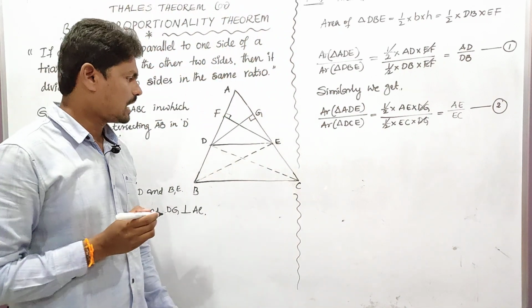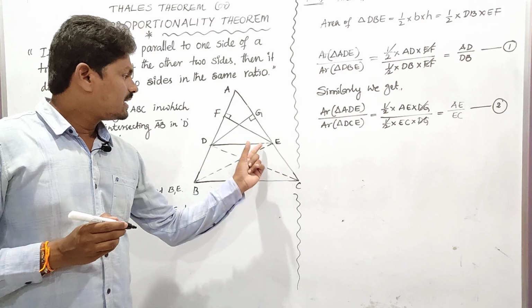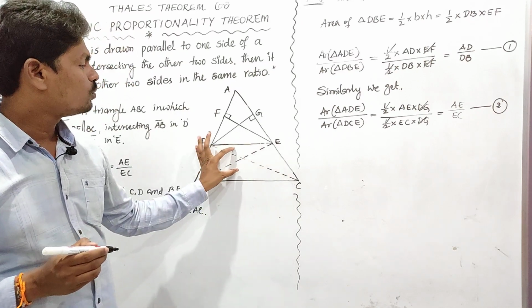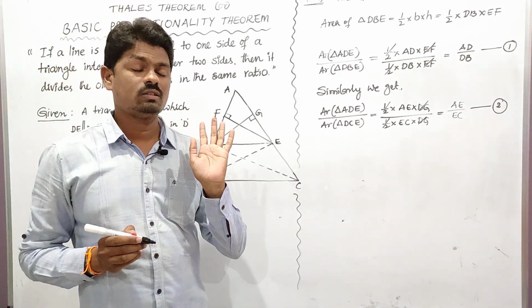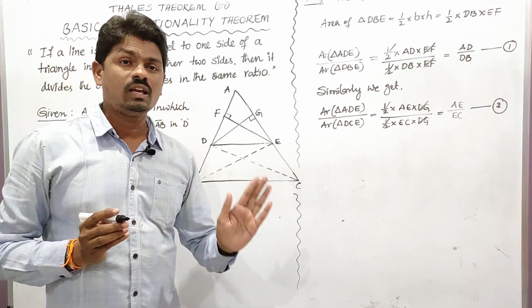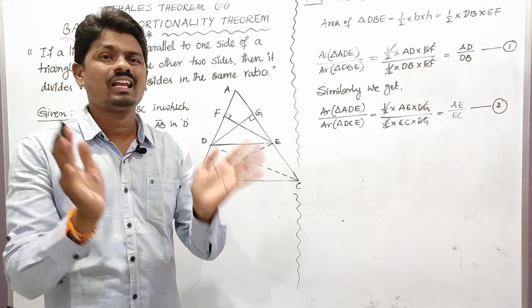So see student, triangle DBE and triangle DCE, these two triangles are on the same base DE and between two parallel lines. There is a statement, student: if any two triangles are on the same base and between two parallel lines, then the areas of those two triangles are equal.